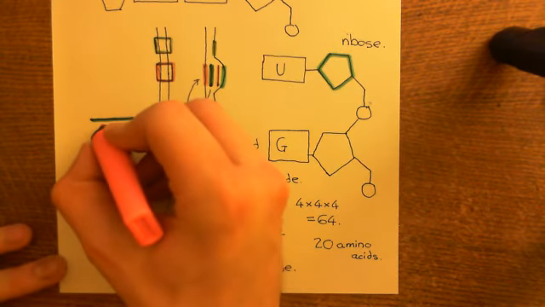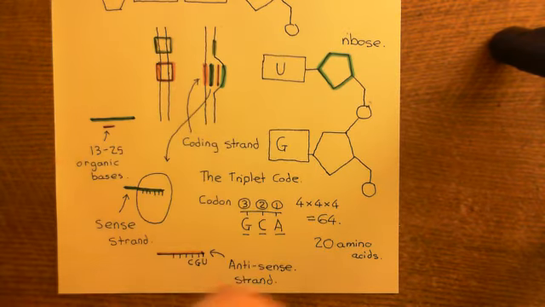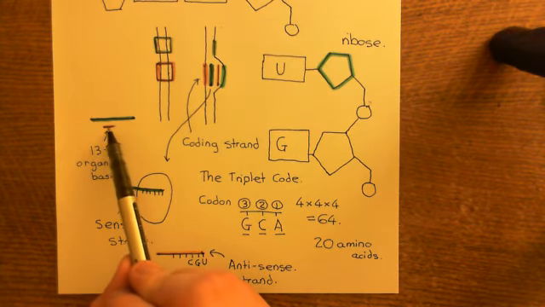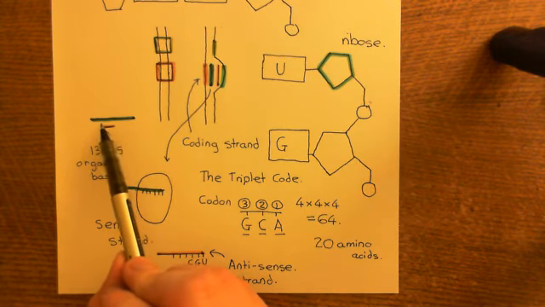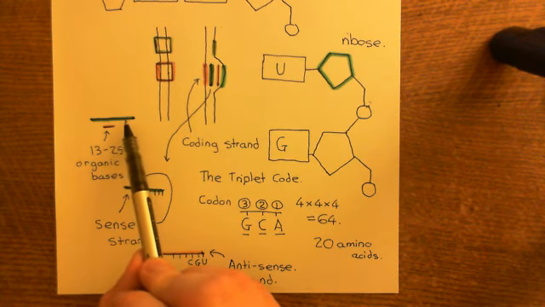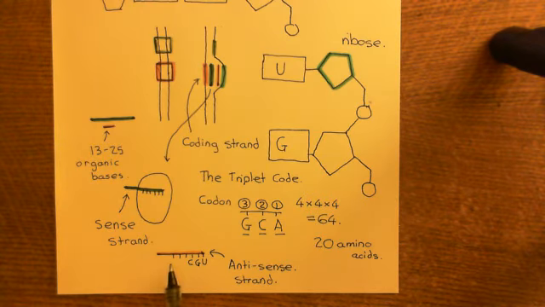And it is antisense because the sequence of organic bases that it has is complementary to this small sequence on the sense mRNA, and therefore it will have the same sequence of organic bases as a portion of this antisense strand down here. Therefore it's an antisense oligonucleotide.